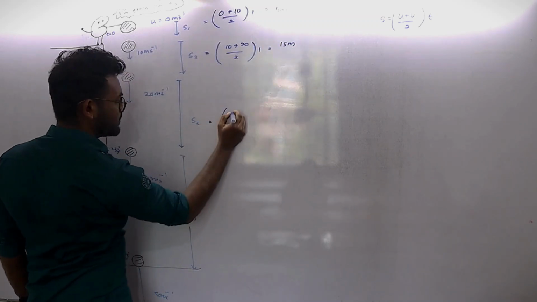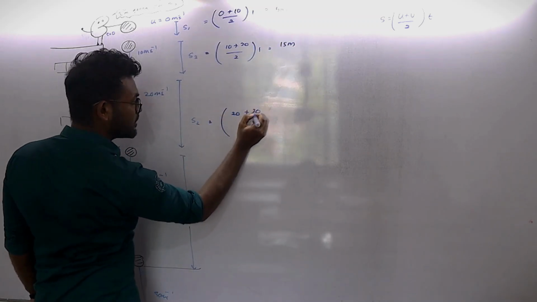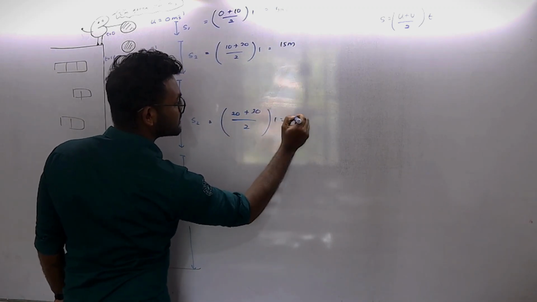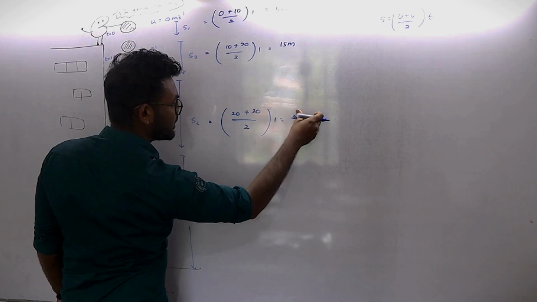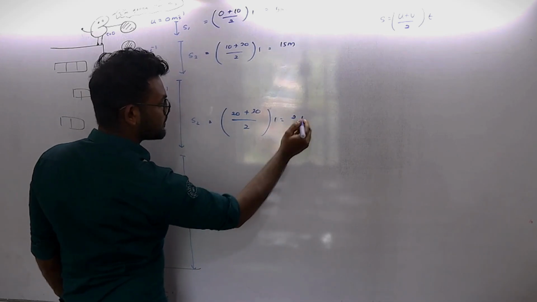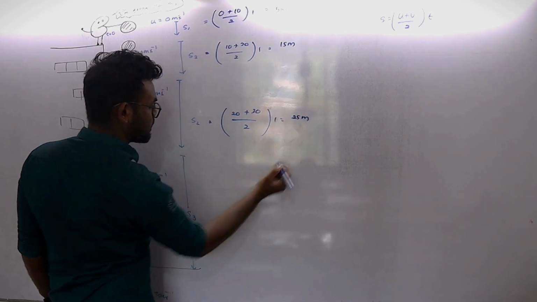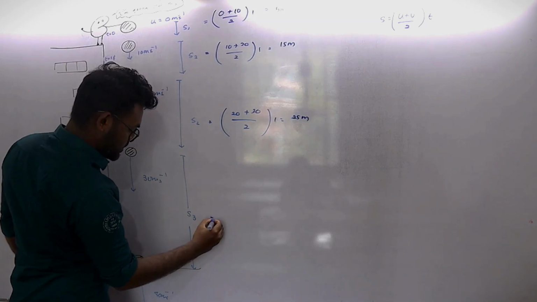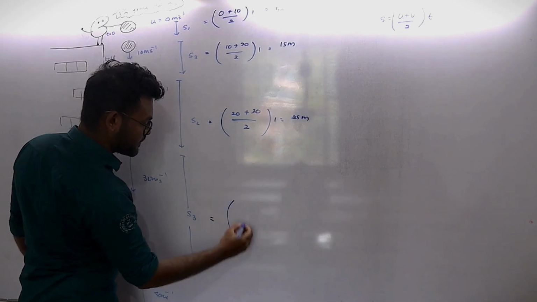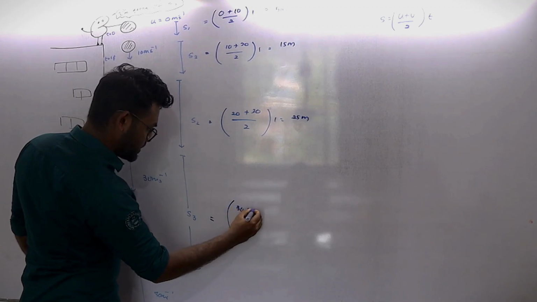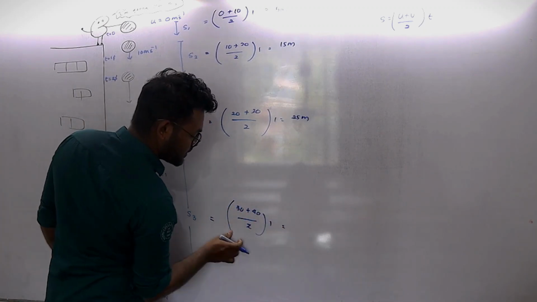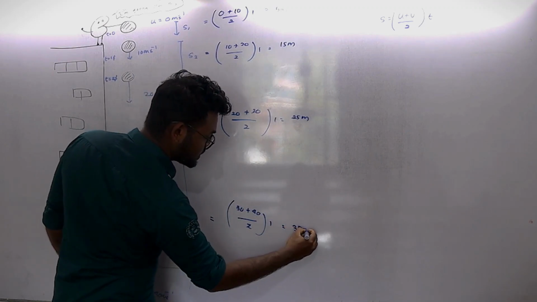And here 20 plus 30 over 2 into T, that is 25. And S3 right here is 30 plus 40 over 2 into T, that's 35 meters.